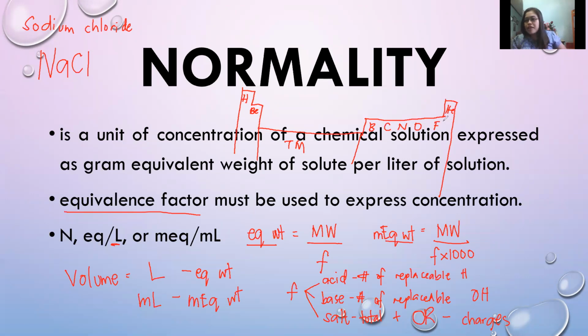Now, as I told you, if an element belongs to group 1, from hydrogen, lithium, sodium, potassium going down, they are group 1A and all of them have a charge of positive 1.